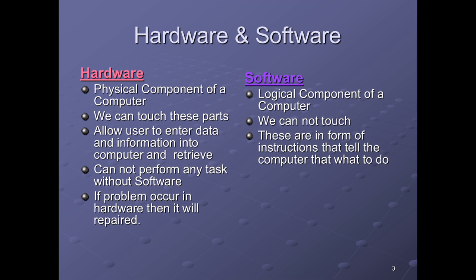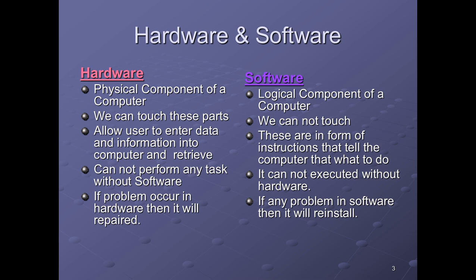They tell the computer what to do. It cannot execute without hardware. Right? We need hardware for execution of the software. If there is any problem in the software, then it will be reinstalled.